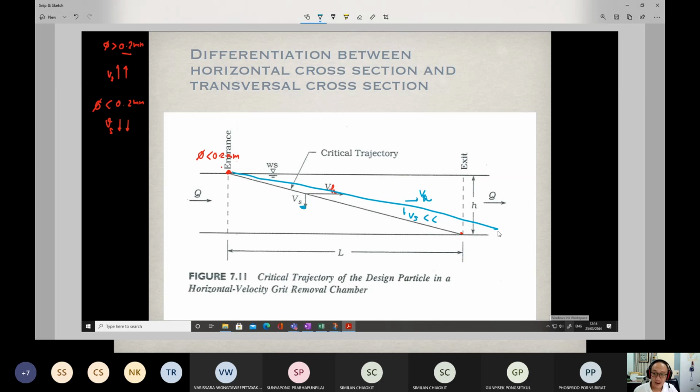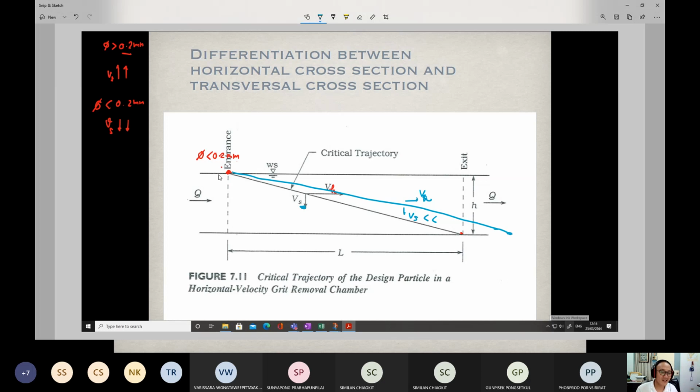So this particle will reach the bottom, but beyond the settling zone. In other words, this particle will not be settled in this chamber. It will go along with the water and leave the chamber.